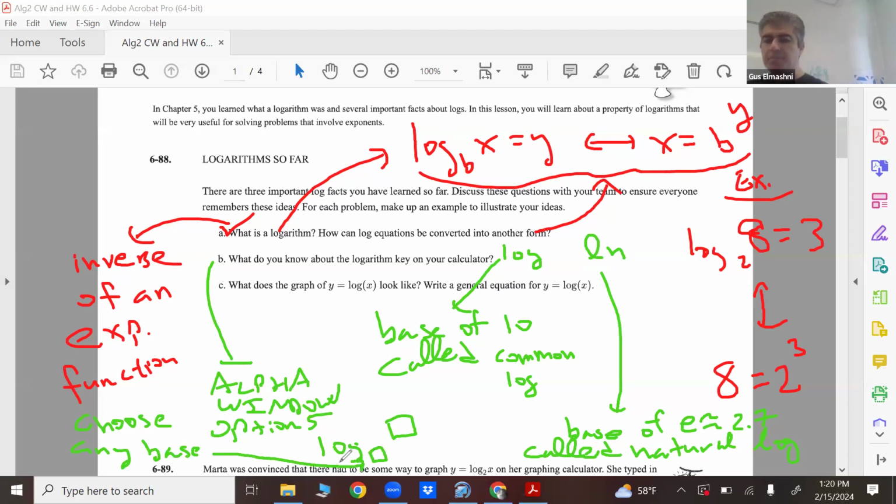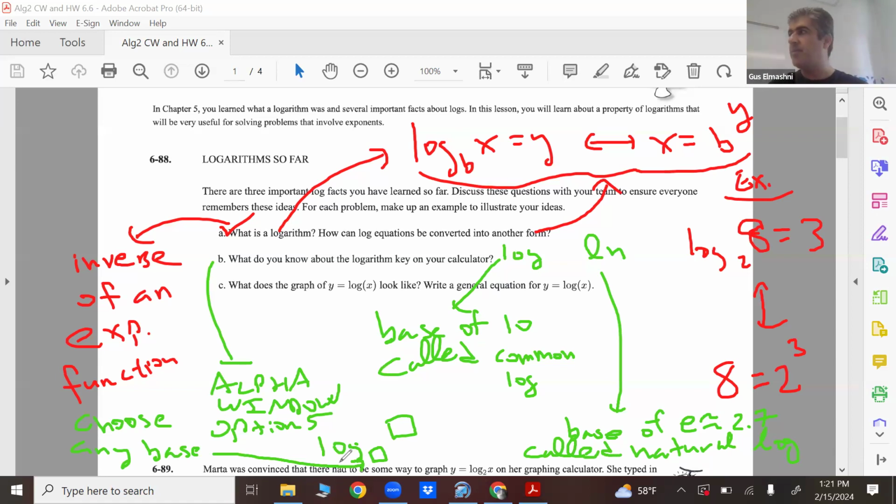Choose any base you want. So there's a common log, which is right on the left side of the calculator. It just says log. That's base 10. ln's right below it. That's natural log. It's called base of e, which is 2.7 roughly. Or if you want to just choose your own base, just hit alpha window, and there we go. Okay, a lot of stuff here. The screen's very busy. I apologize.